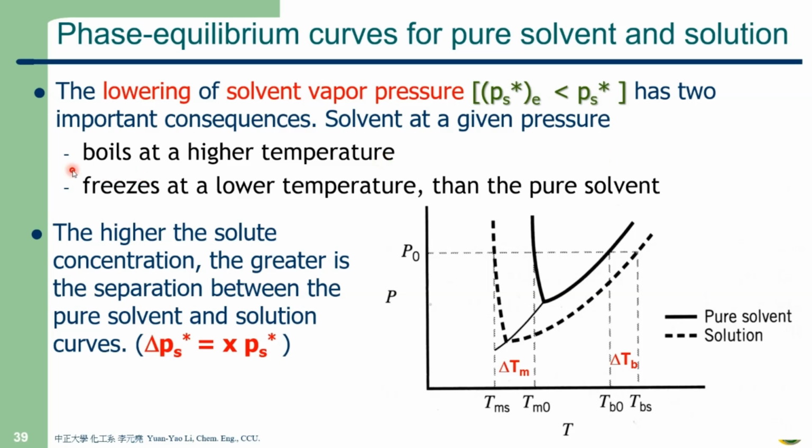We also know the higher the solute concentration, the greater the separation between the pure solvent and the solution curve, right? Delta PS. If you have a higher molar fraction, you will have a higher separation between the original curve and the curve after you put the solute in.